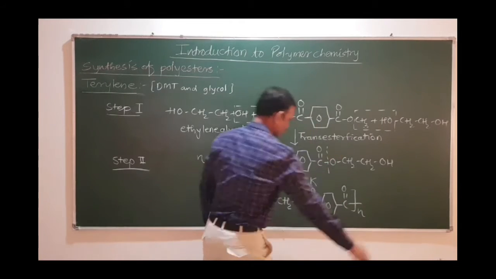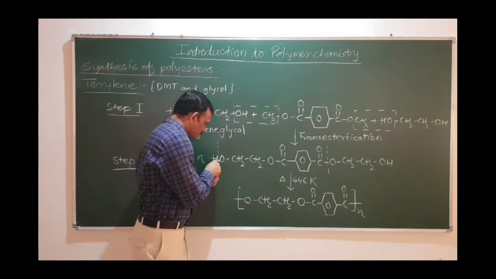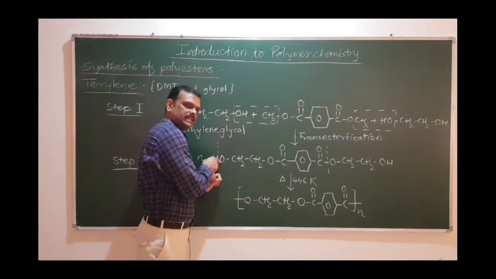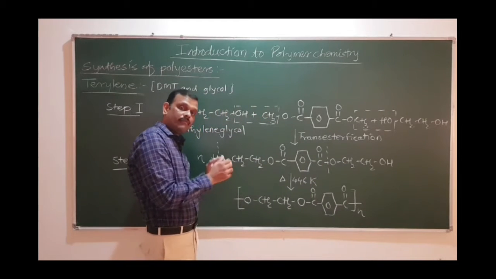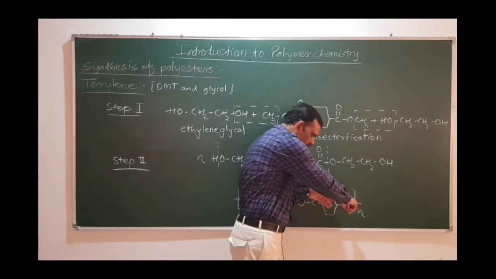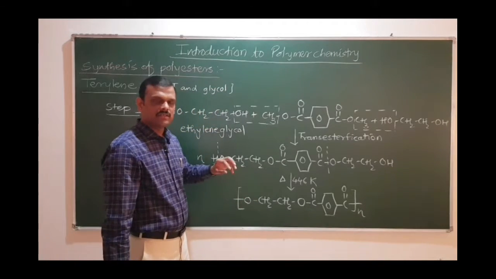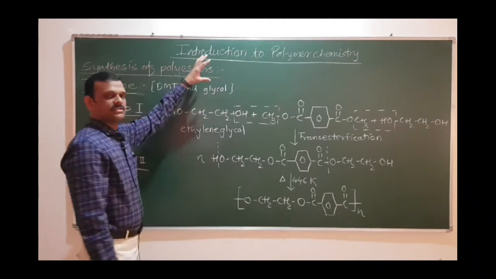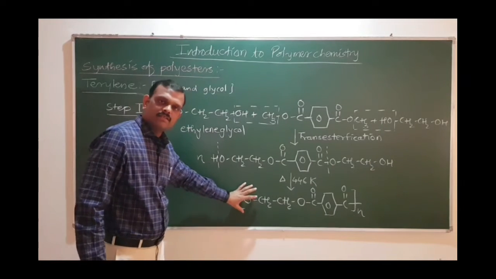This is the structure of terylene. We start from this oxygen and go up to this carbonyl group. That means this oxygen of the first molecule links with the carbonyl group of another molecule, so that you get the ester. Therefore it is a polyester. That means a number of ester functional groups are present in this molecule.